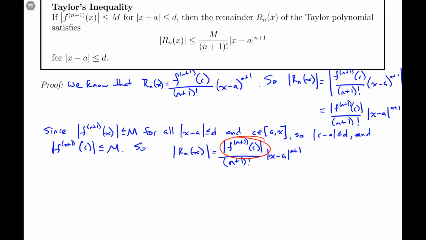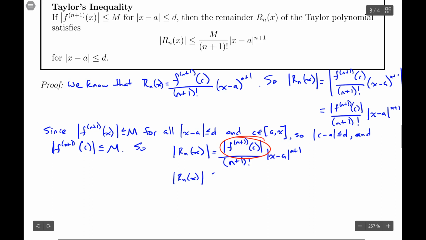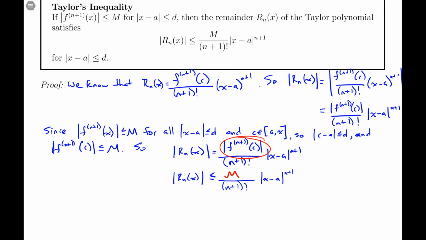What this means is that r sub n of x in size is less than or equal to the expression with this value replaced with an M. Nothing else changes, we're just replacing that numerator with an M. Now this value of M may be larger than the absolute value of the n plus first derivative at c, so we make that compensation by changing that equals to a less than or possibly equal to.